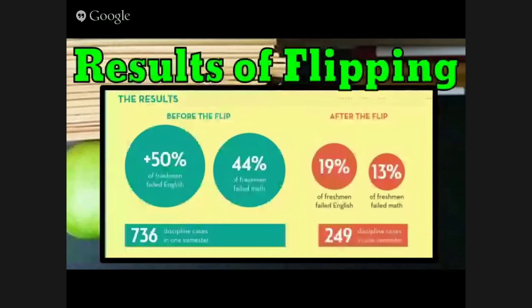And after the flip, you see how the numbers decrease. 19% of their students were failing English, 13% math, and look at the dramatic drop in discipline cases. Kids are not off task in a flipped classroom. Kids are engaged. They have buy-in because they're able to learn at the pace they need to learn and get the attention that they need in a positive way.